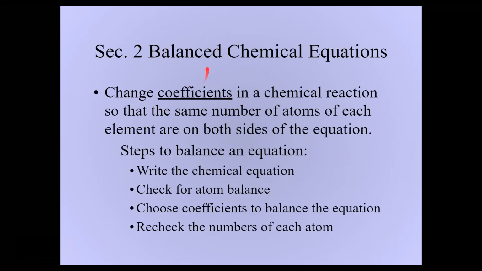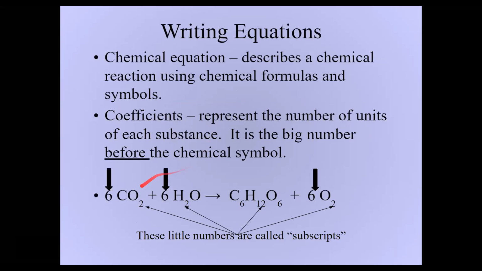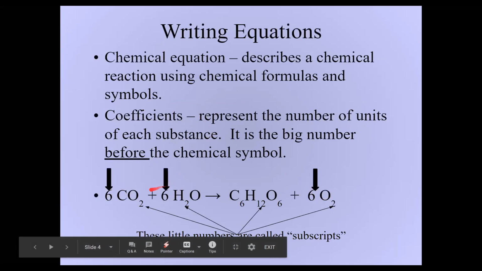So when we're going through and balancing chemical equations, the only thing that we can do in order to make them balanced is change those coefficients. These big 6s here in front of some of our compounds on the photosynthesis equation, those were figured out by scientists in order to make sure that we had equal numbers of each atom on either side of the reaction.